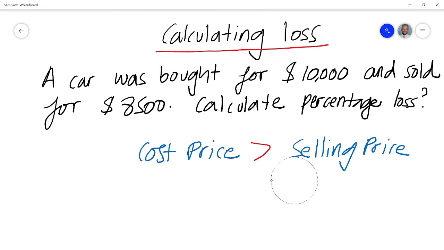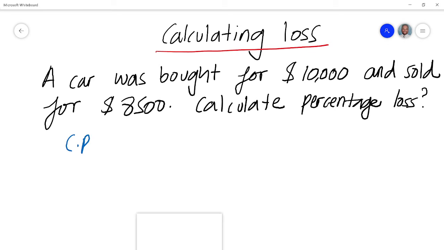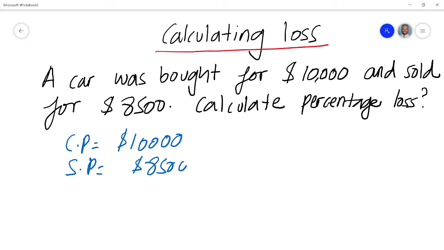So let's look at question one and I'll read it out for you. A car was bought for $10,000 and sold for $8,500. Calculate the percentage loss. Let's look at the information given here. We've got the cost price or CP, which is $10,000, and the SP, my selling price, which is $8,500.